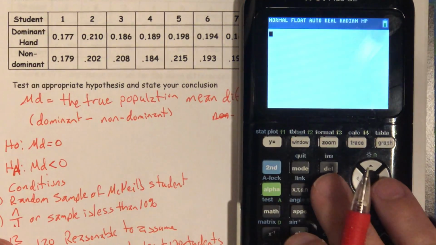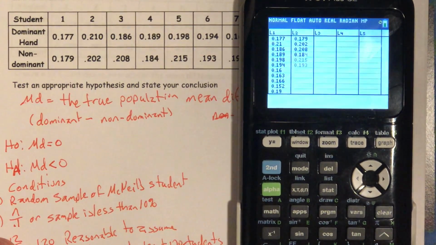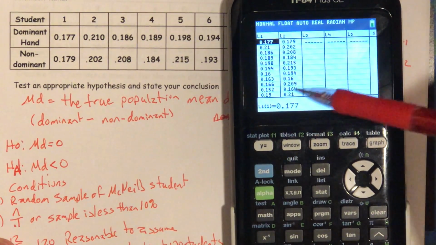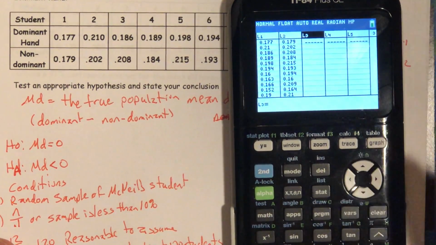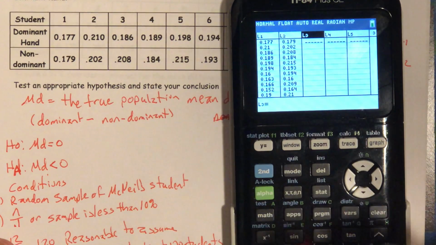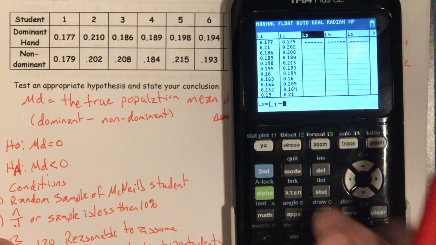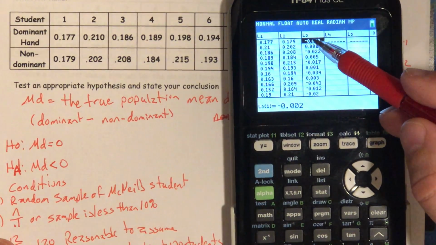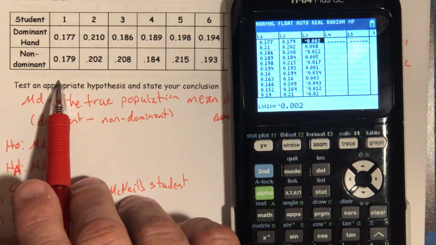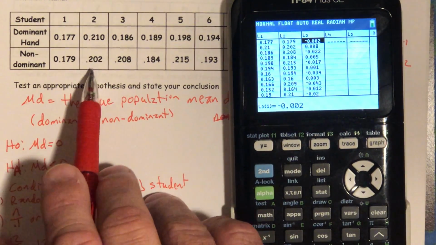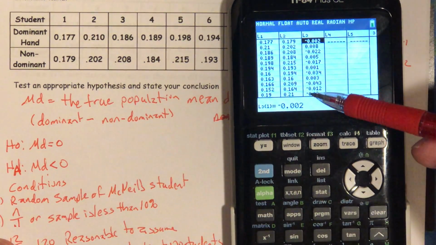Stat, edit, and I've entered all that data into L1 and L2. Then very carefully go to the very top of L3, and I go second 1, so L1 minus second 2, L2. Then it populates those differences. So this minus this equals negative 0.002. This one minus this one is 0.008. So we have all the differences listed.